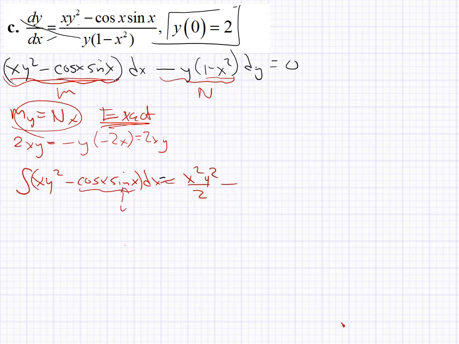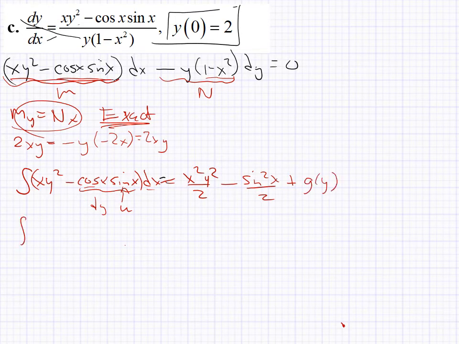We'll call sine x my u, and cosine x dx would be my du. So it's u du, and I should get u squared over 2 as my integral. So this should give me sine squared x over 2 plus c, which could be a function of y.